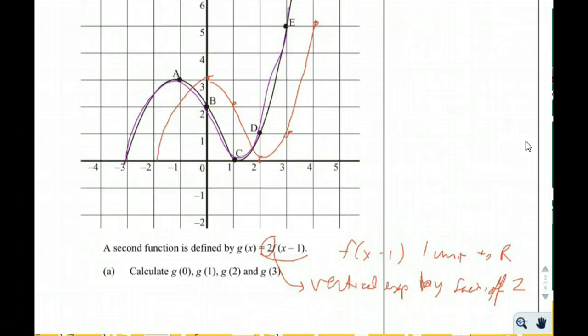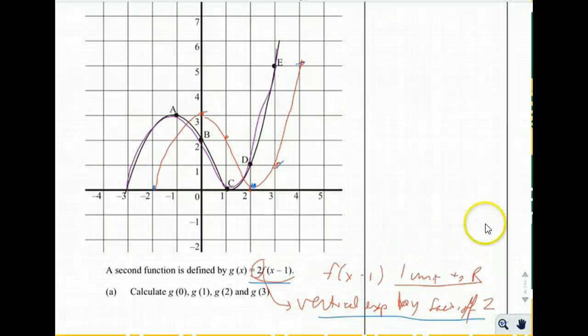That's 1 unit to the right. And then the next transformation is this multiplication by 2 on the outside of the function. When you do a multiplication on the outside of the function, that is a vertical expansion by a factor of 2. So what does that look like?